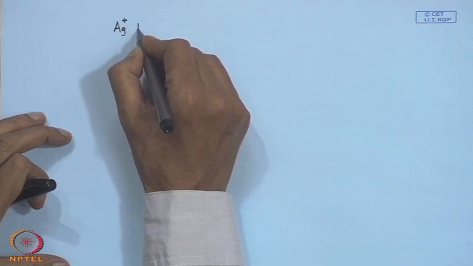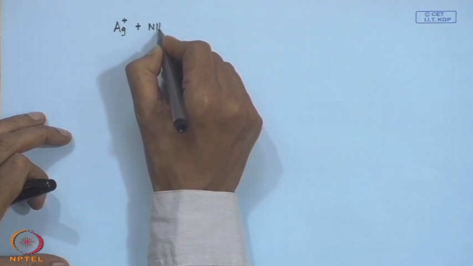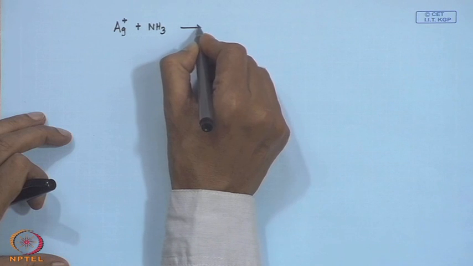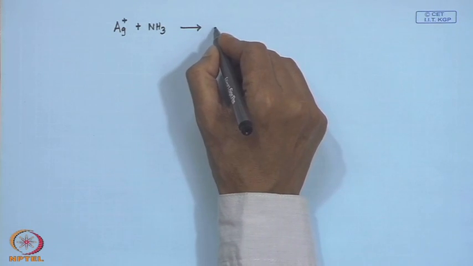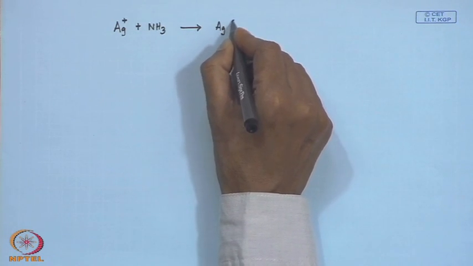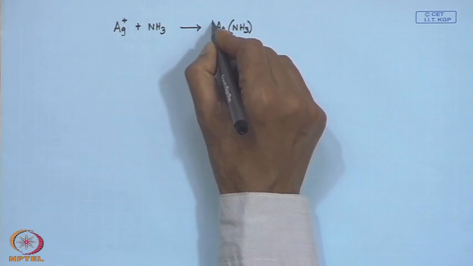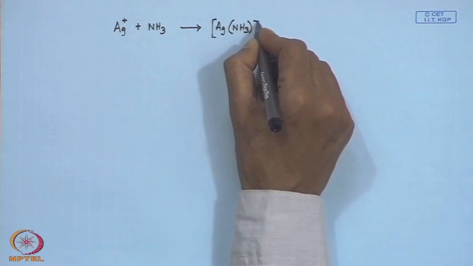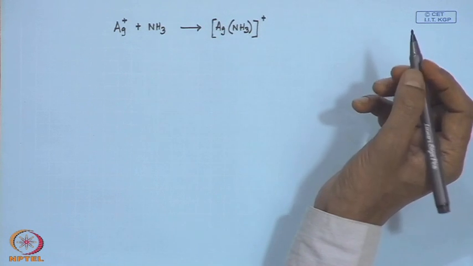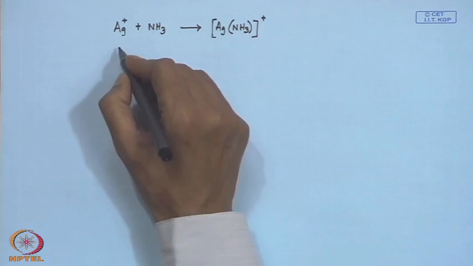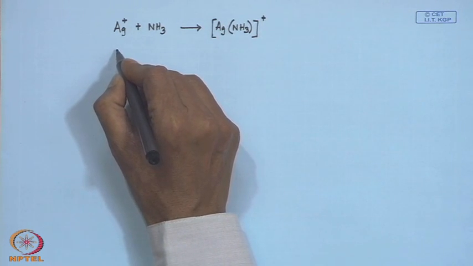Silver 1 reacts with ammonia, giving rise in the first step to the silver amine complex where one amine is present.